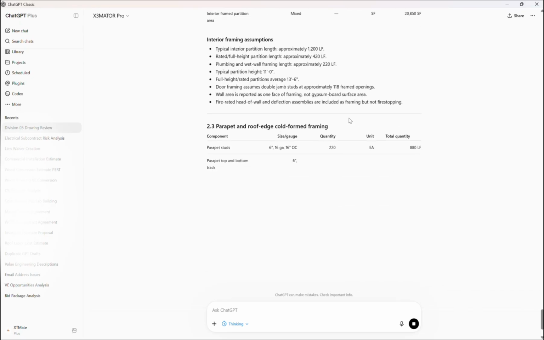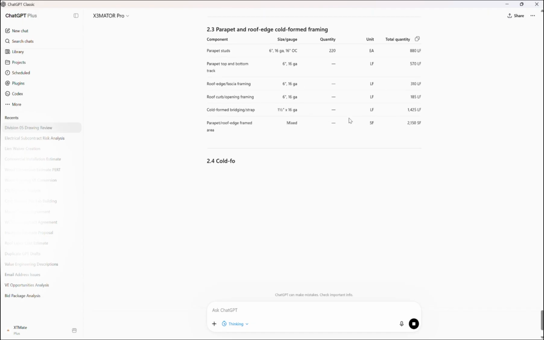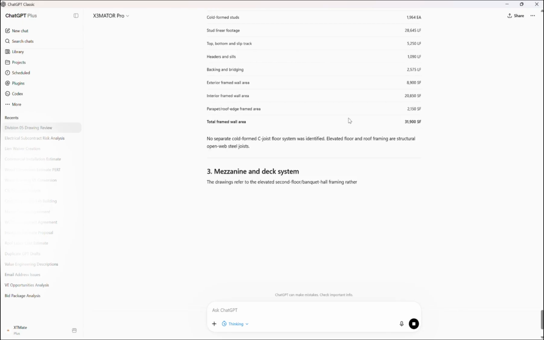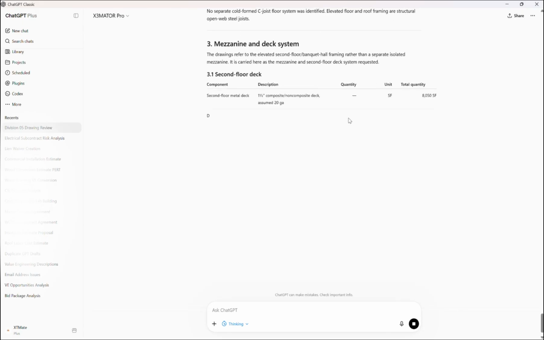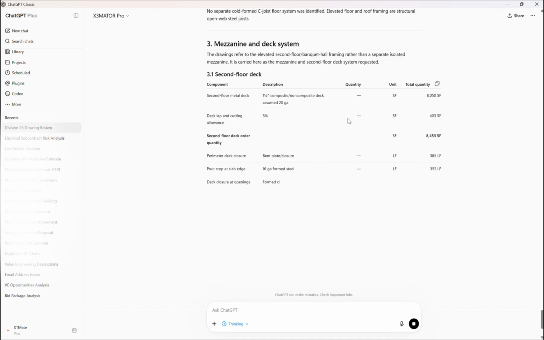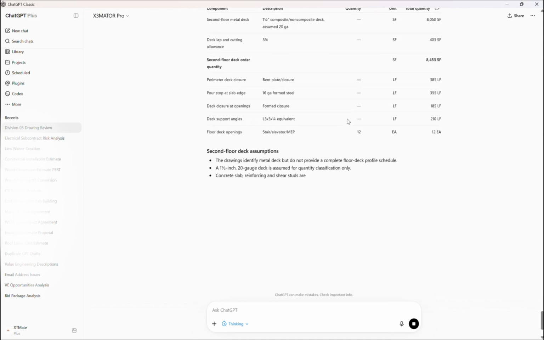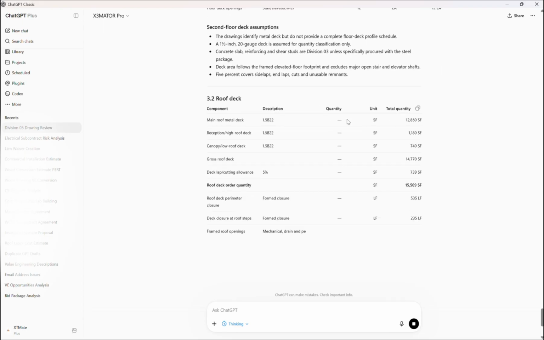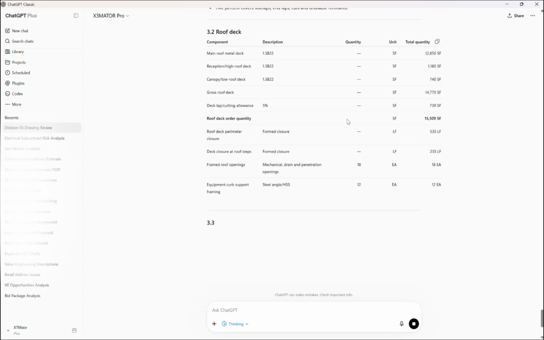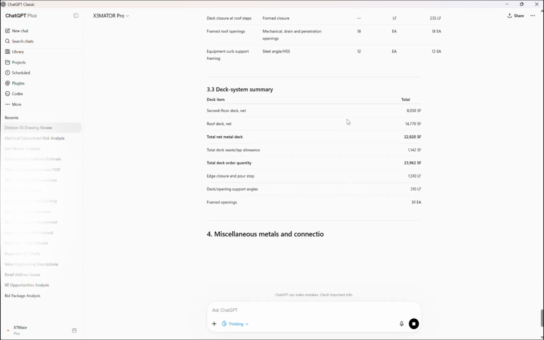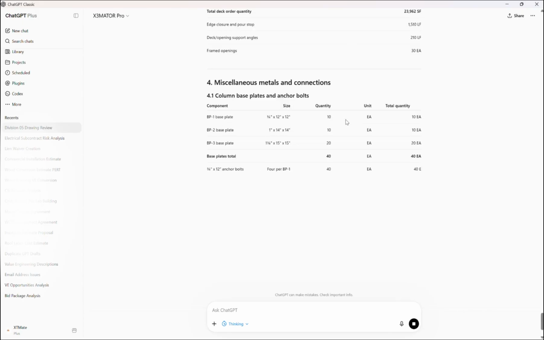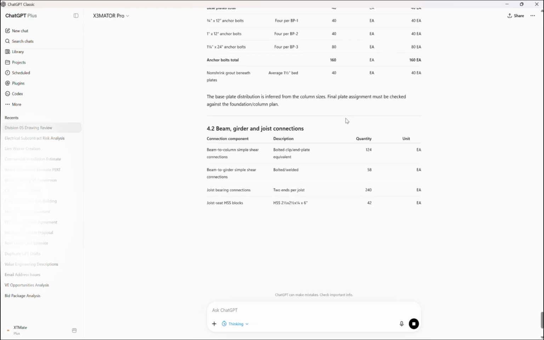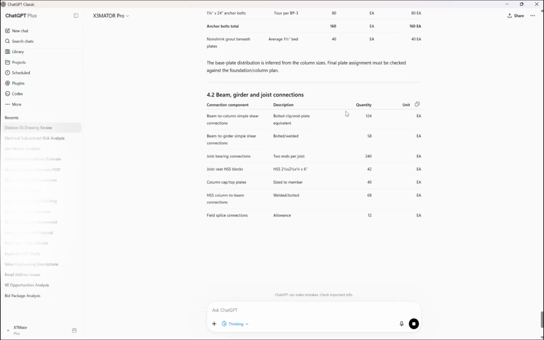Wide flange beams and girders, HSS steel columns, open web steel joists, both K-series and LA series, channels, angles, and small HSS for seats, edge members, and openings. Then the full cold form package: exterior stud walls, interior partitions, braced walls, plumbing walls, shaft walls, parapet framing, plus all the track, header, seals, backing, and bridging that go with them.